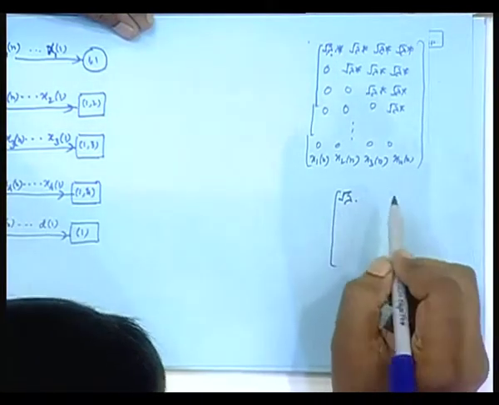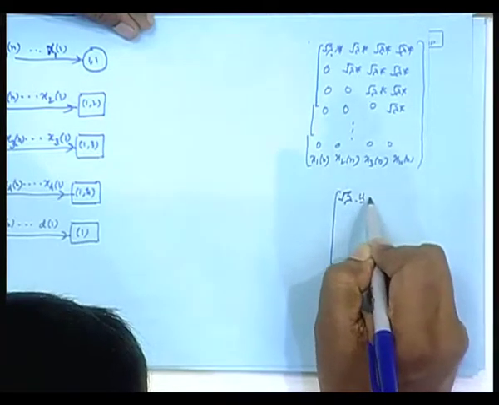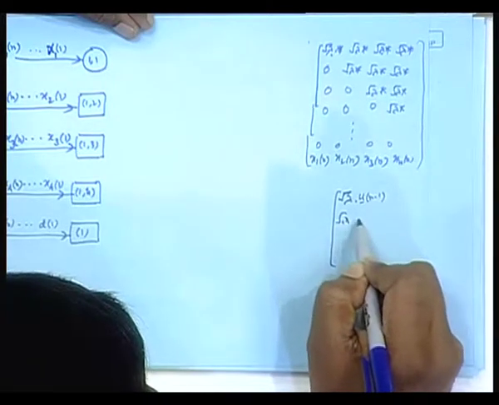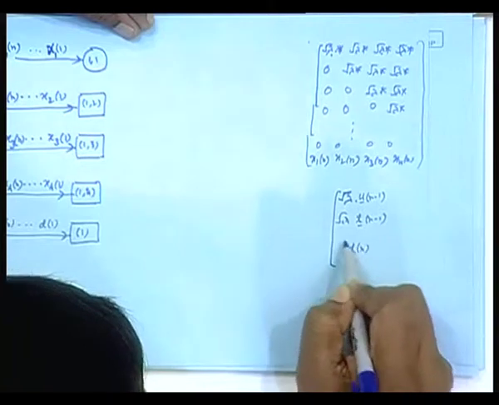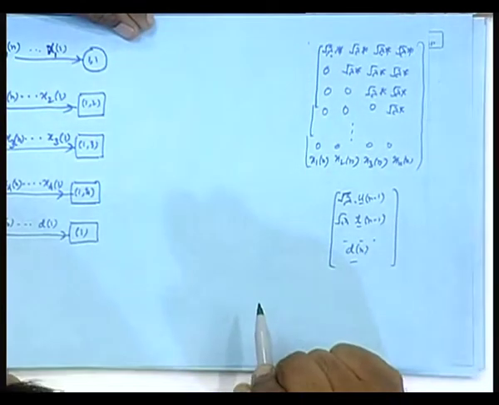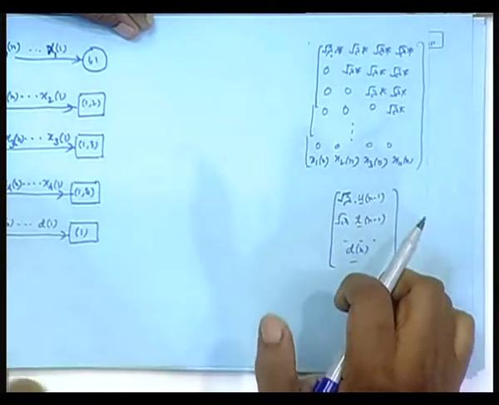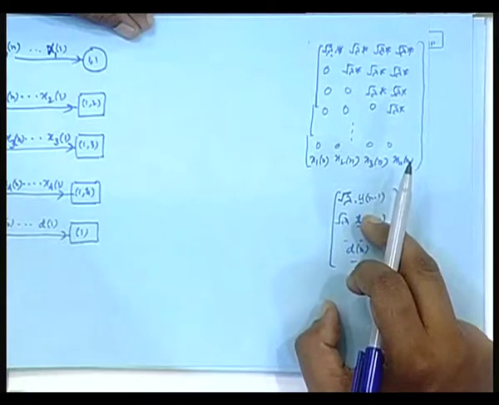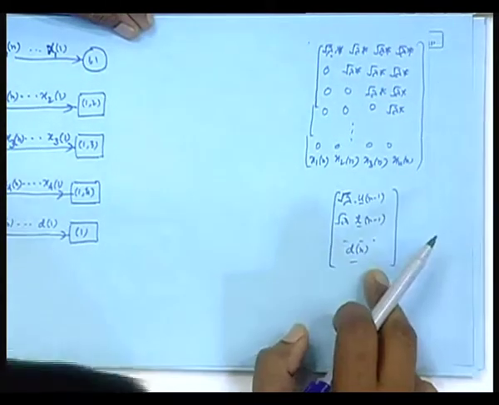Square root lambda, I am using those notations only, I rewrite what I wrote earlier. On this I have to do the rotation, like here also on this I have to do rotation, here also on this I have to do the same rotations.